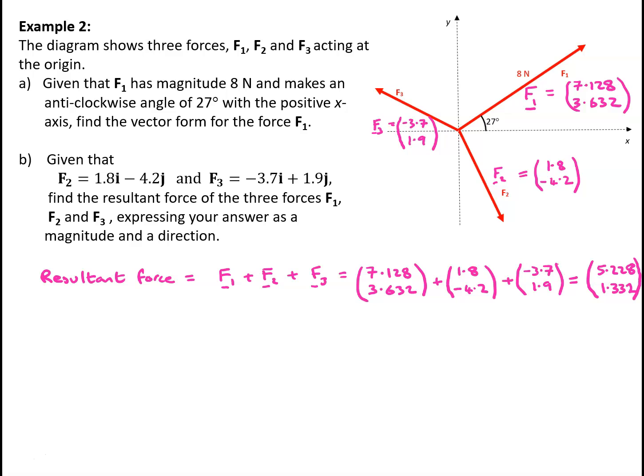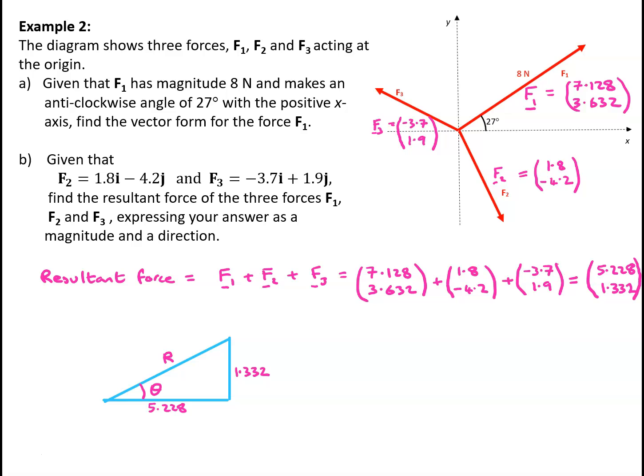So we know that the resultant force has got an x component of 5.228 and a y component of 1.332, so we can draw a little picture of the resultant force.